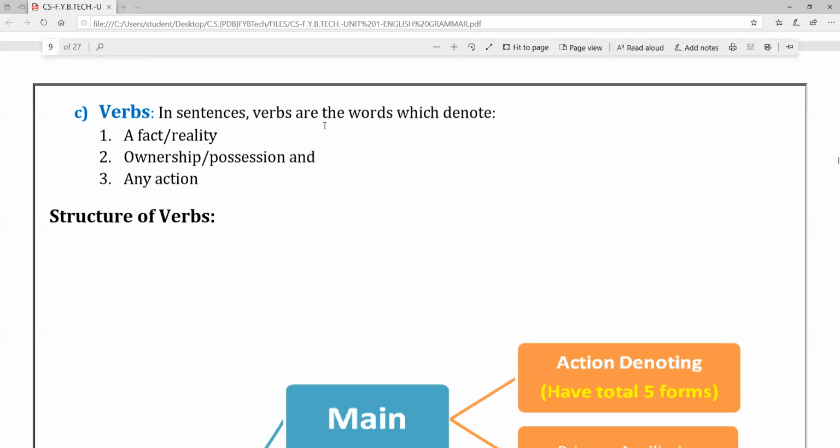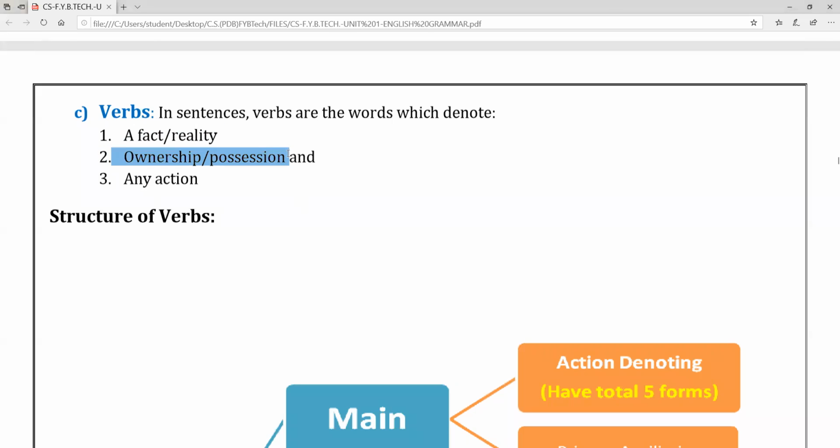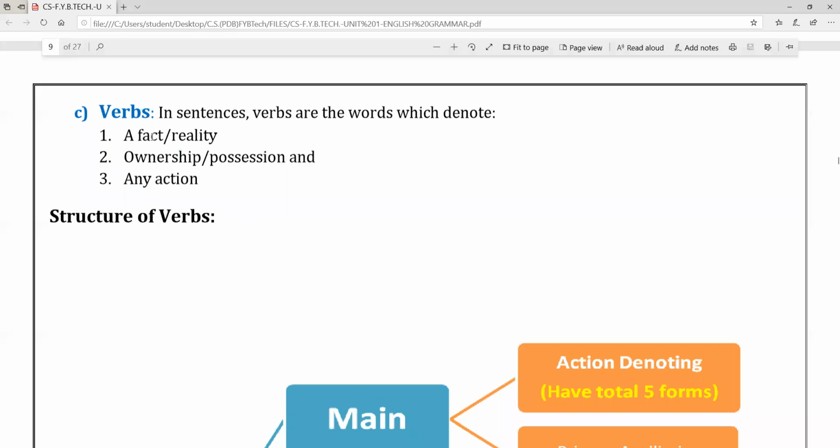In sentences, verbs are the words which denote a fact or a reality, ownership or possession, and any action.